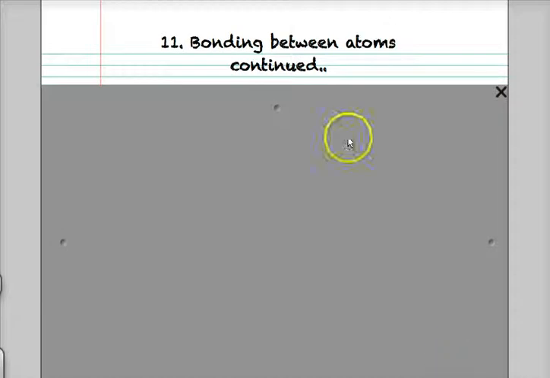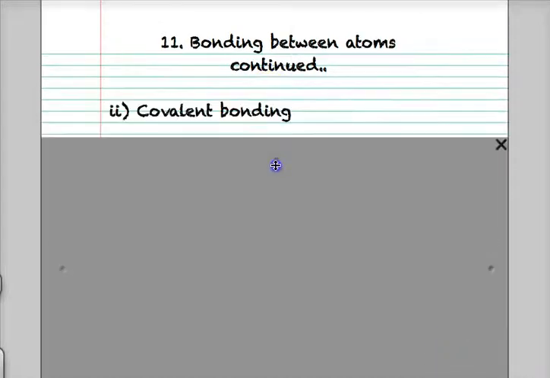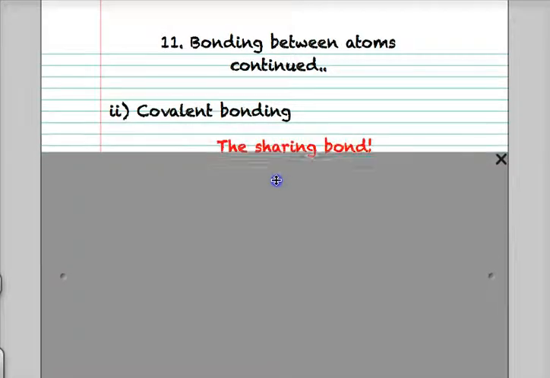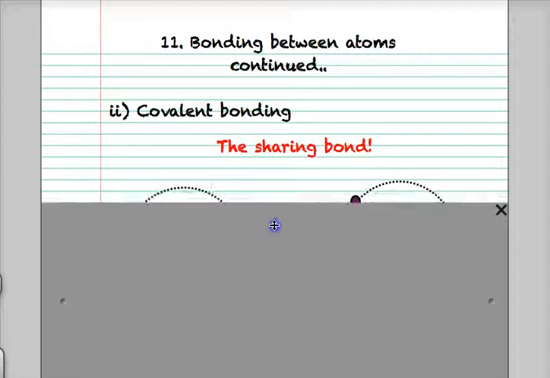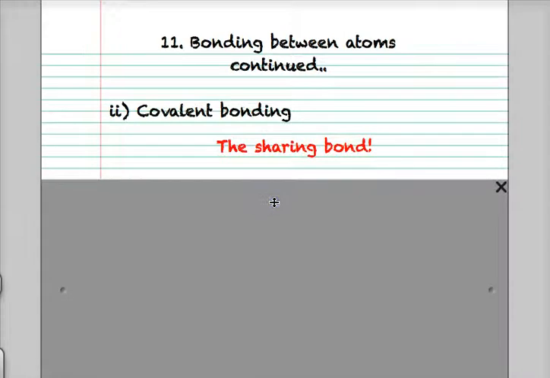So the second bonding technique we're looking at is covalent bonding. And covalent bonding is slightly different. The goal is the same. The atoms desire full outer or valence orbitals. In ionic bonding, they give or receive electrons to achieve this, but in covalent bonding, they tend to share electrons to achieve this.